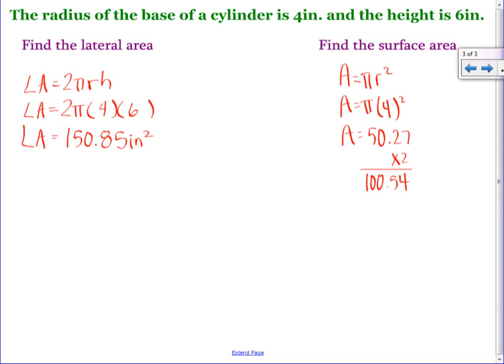What do we have to do? We have to add in the 150. And we get? 251.29 inches squared. Questions?